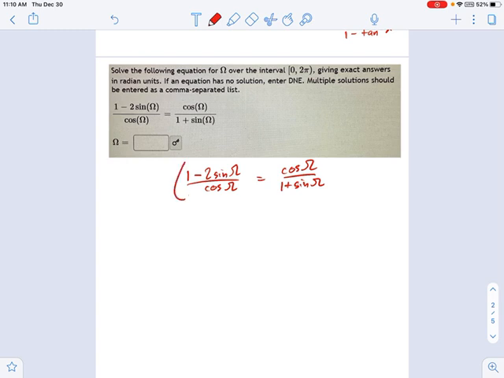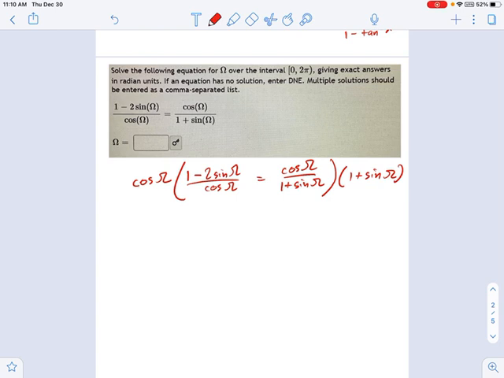But basically, this is what we're doing. We're multiplying both sides of the equation by cosine in order to cancel out these cosine terms. And we're also multiplying the entire equation by 1 plus sine omega in order to cancel out the denominator on the right side.